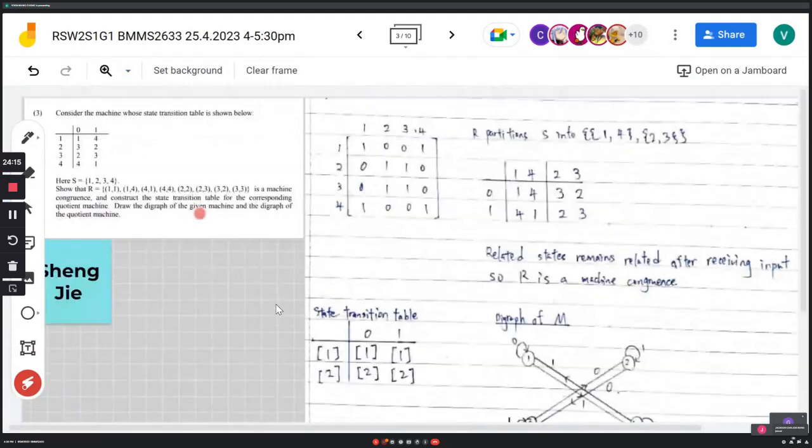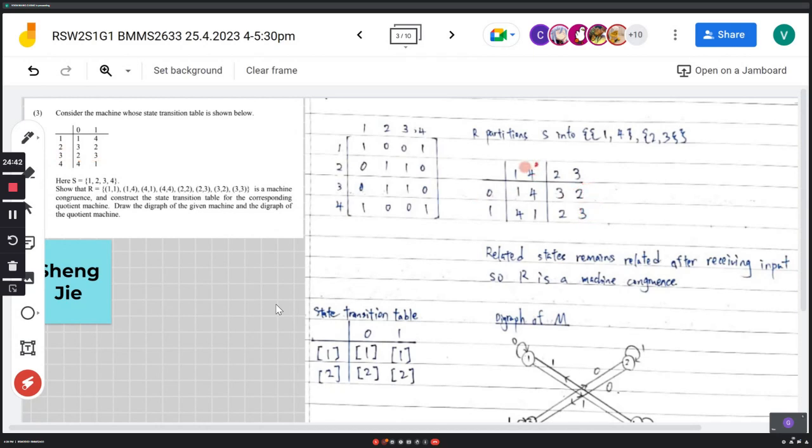Okay, you can see from here, the input 0 and 1 will go to 1, 4, right? And then for state 2, after the input 0 and 1, you see this is 3 and 2, right? So here 3, here 2. State 3 gives 2, 3. So here you get 2, here is 3.